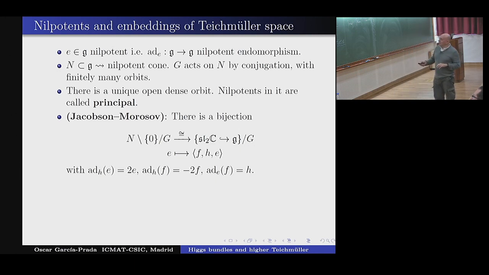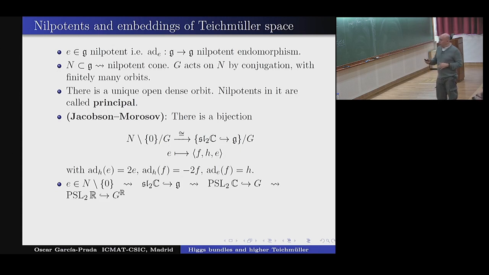So this of course has the properties that an SL2 verifies. Thinking of nilpotent elements and thinking of SL2s is the same thing, as conjugacy classes. And this is the Jacobson-Morozov theorem.